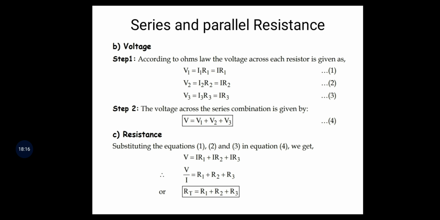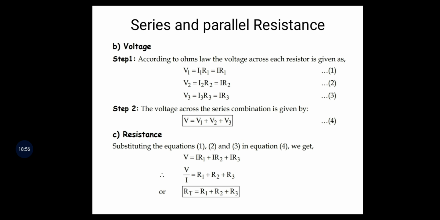Then we calculate the resistance by substituting the equations. Total voltage V equals V1 plus V2 plus V3, so V equals IR1 plus IR2 plus IR3. The common term is I, so V by I equals R1 plus R2 plus R3.